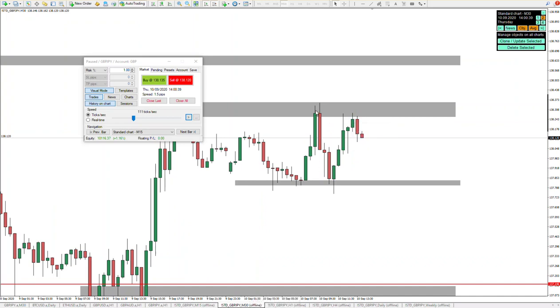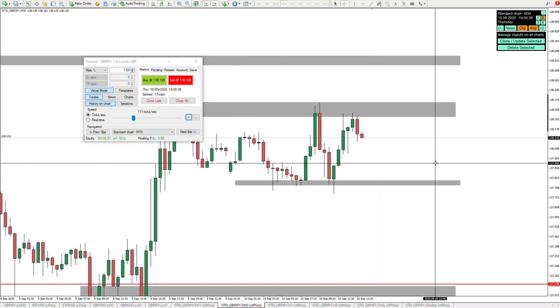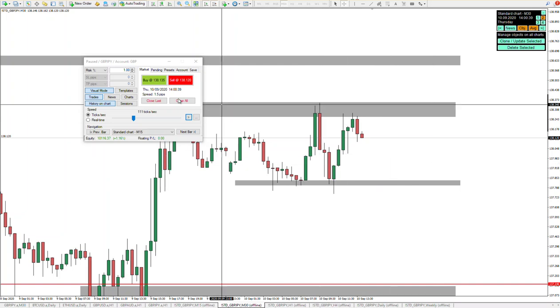M30 made a lower resistance. I feel if we can break, and this candle is bearish, made the resistance, had a lower high, a lower low. I think this is a beautiful entry right now.